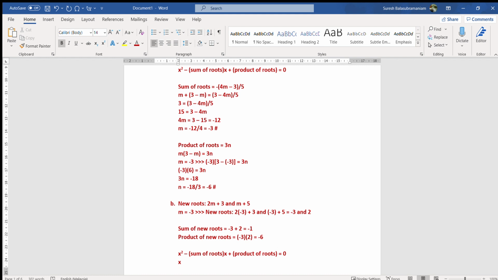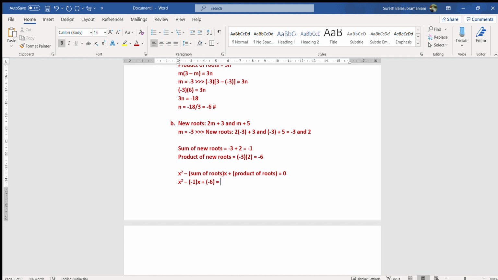So x squared minus negative 1 times x plus negative 6 equals 0. Rearranging, x squared, minus becomes plus, plus x, plus and minus becomes minus 6, equals 0. So this is our quadratic equation.